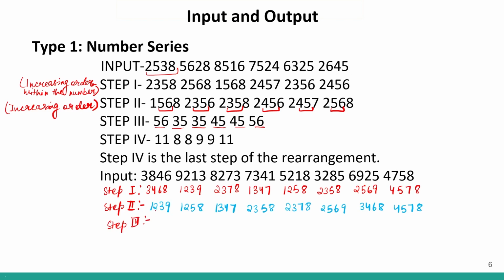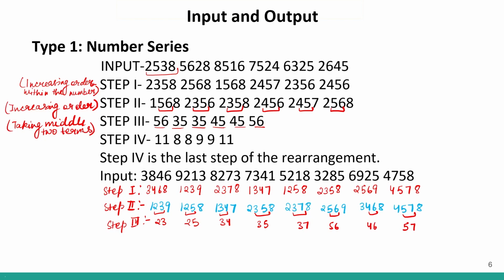We will take just the middle terms, so 2, 3. Over here 2, 5. Then 3, 4. 3, 5. Then 3, 7. Then 5, 6. Then 4, 6. And then 5, 7. We'll take just the middle two terms. Correct? This is what is done in step 3. This is the logic. We are taking the middle two terms.